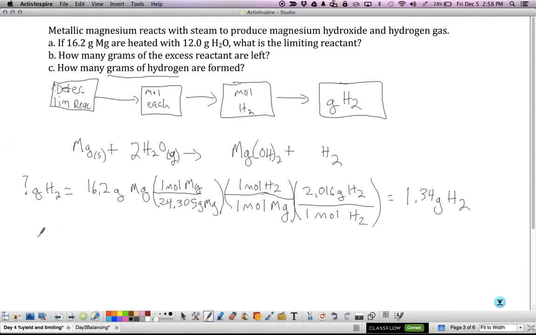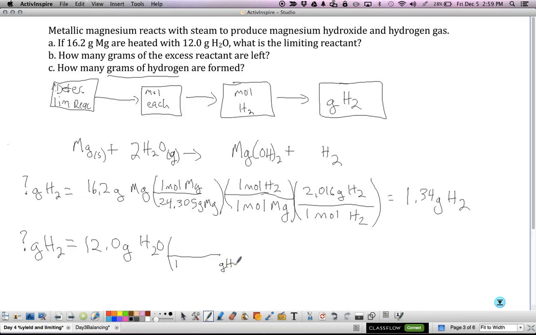Okay, and then for the second one, I'm still going to find grams H2 because this is still a limiting reactant problem. Start with my 12 grams of water. Okay, and now a lot of this stuff's going to be similar, so make sure that you're using data more than once. Okay, so I will have to look up the molar mass of water.